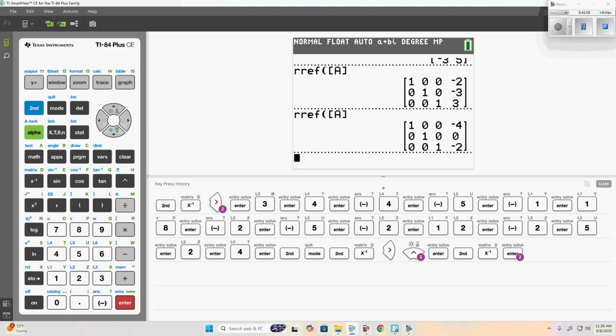Negative 1, 18. Negative 2, negative 5, negative 2, 12. Negative 2, 5, 2, 4. Second matrix, RREF, second matrix, A.